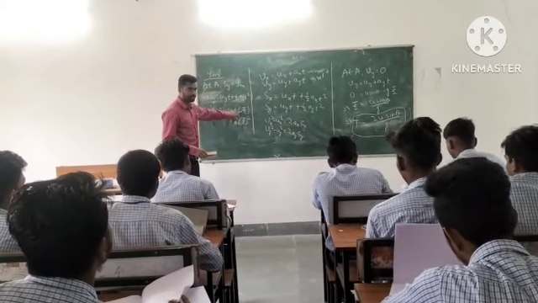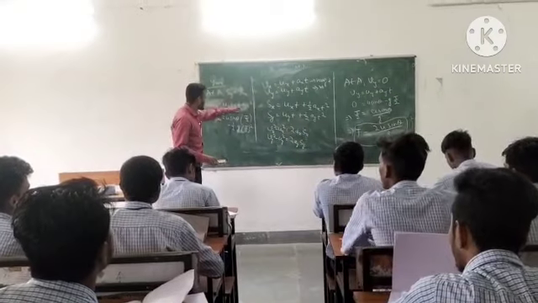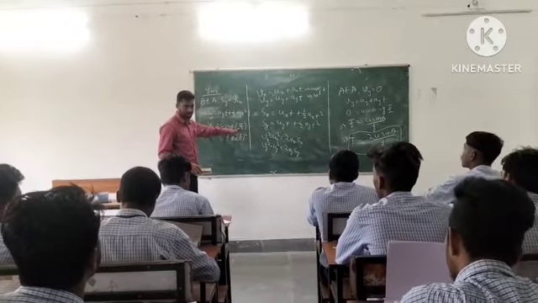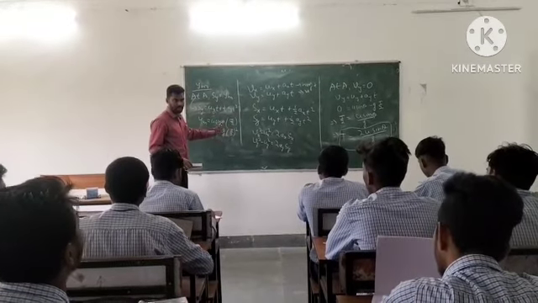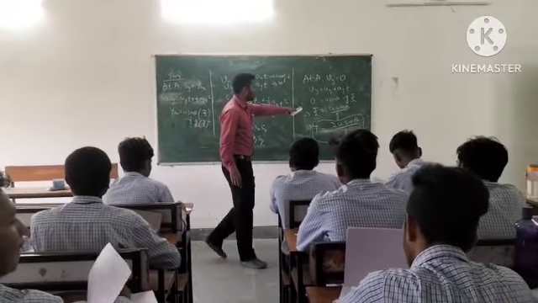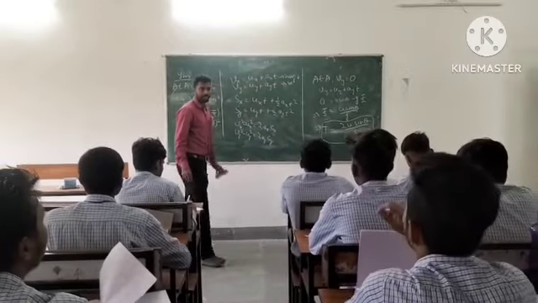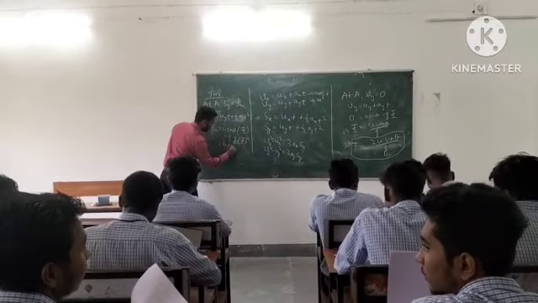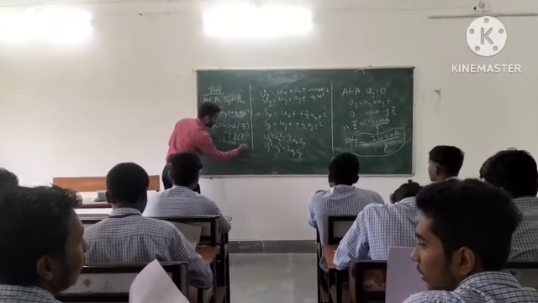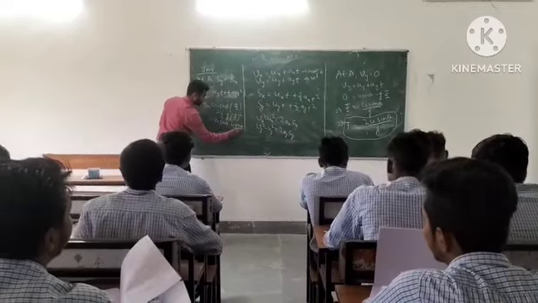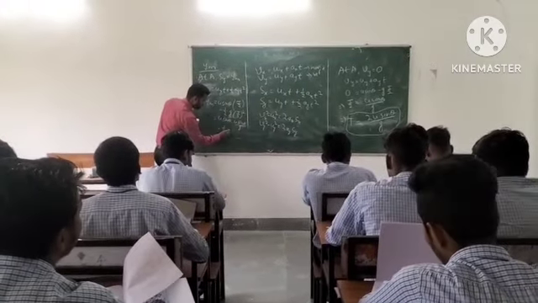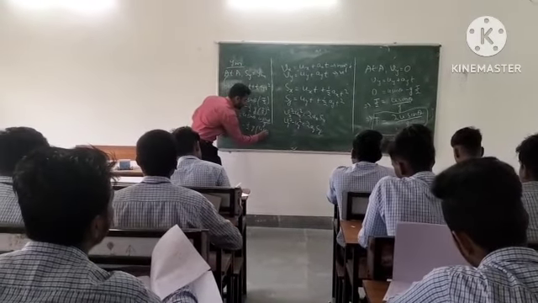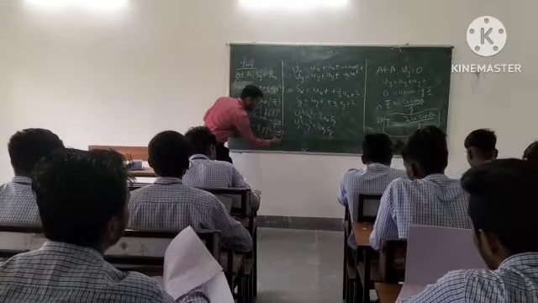Yes or no? Why T by 2? I have put it since the time at point A is T by 2. The value of T by 2 is u sin theta by g. So u sin theta into u sin theta by g, minus half g into T by 2 whole square, where T by 2 is u sin theta by g, whole square.